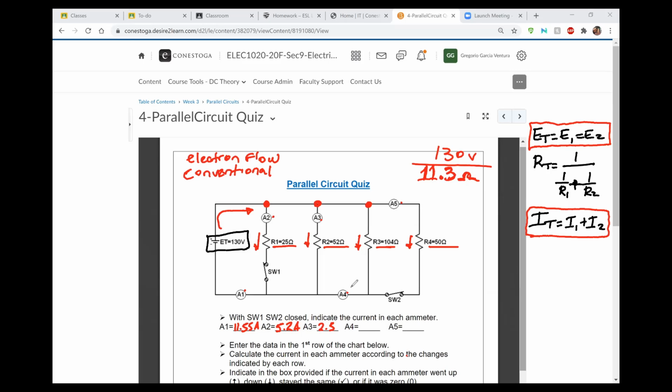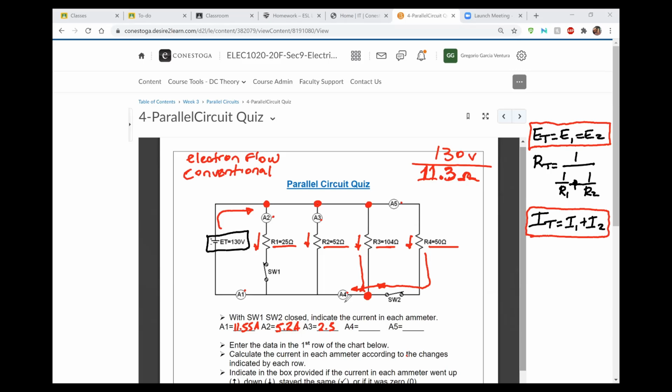Now, when it comes to A4, we have to be very careful here. A4 is the resultant of the current flowing through R3 and the current flowing through R4, okay? Both currents are going to join right here on this node, and then they are going to flow together through that ammeter.